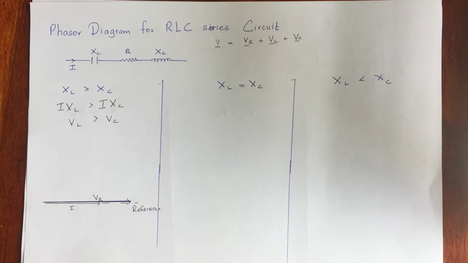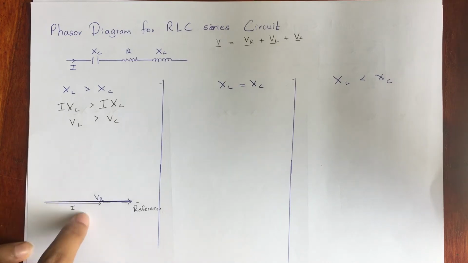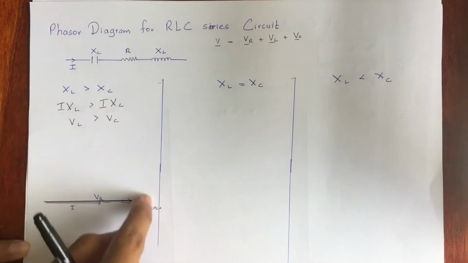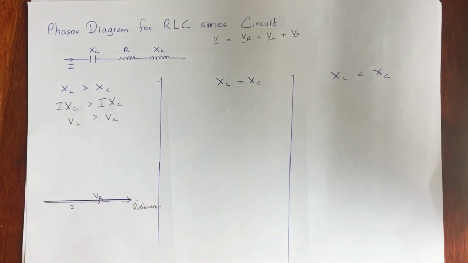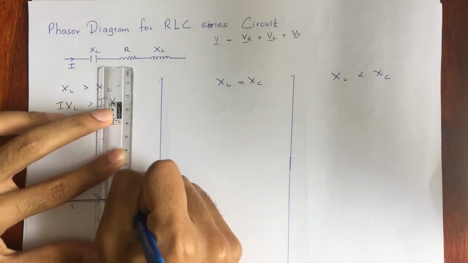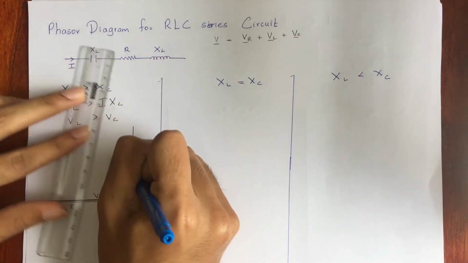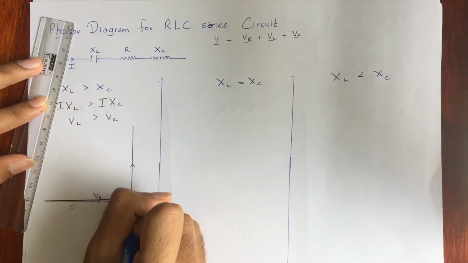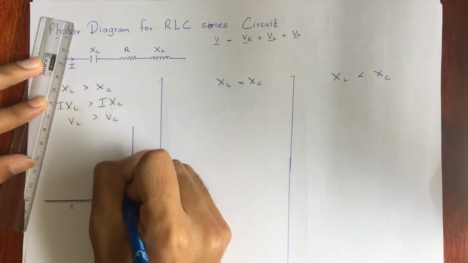We have already learned that the voltage will lead the current in an inductor. So voltage is going to lead the current, which simply means it's going to have a plus 90 degrees. So we can directly mark it over here, plus 90, like this. So this is going to be VL.